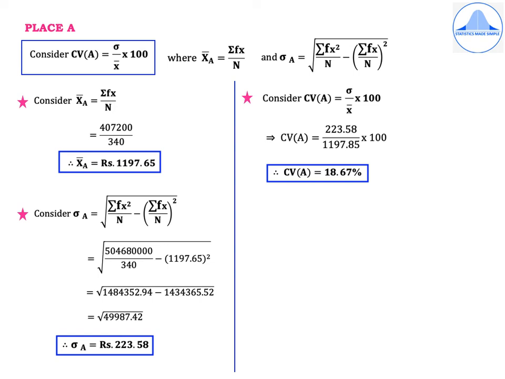Similarly, write sigma A formula, substitute the values, and on simplification you get sigma A equal to rupees 223.58. Now let us calculate CV of A. It will be 223.58 divided by 1197.65 into 100. So you get CV of A as 18.67%.